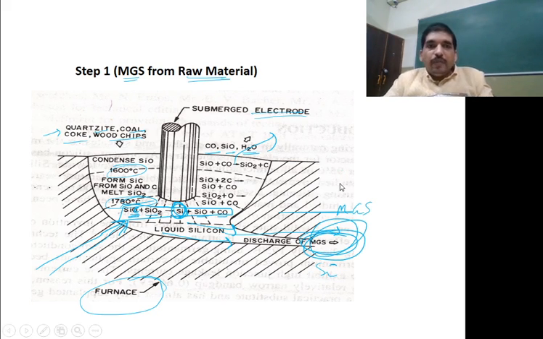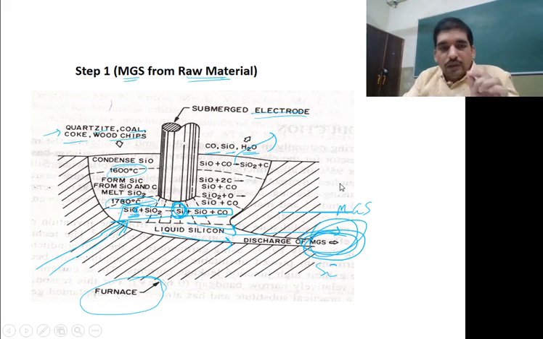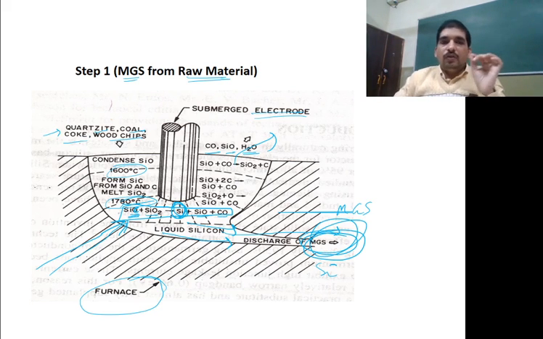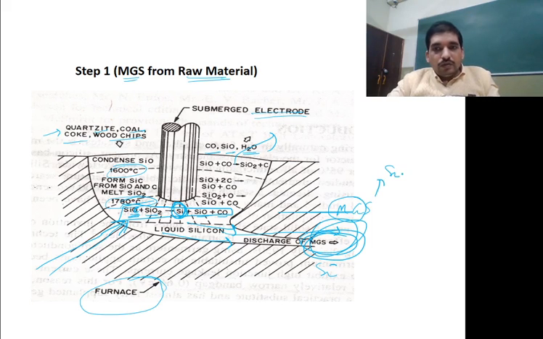MGS, as I said, is metallurgical grade silicon, and the name indicates that some metal impurities are there in this silicon. So this silicon is not as pure as we need. Some metallurgical impurities are mixed with this silicon.